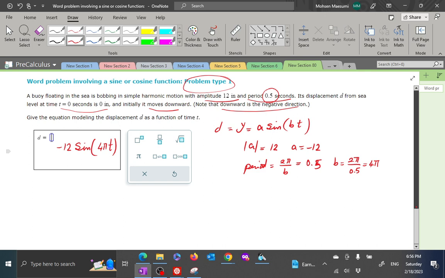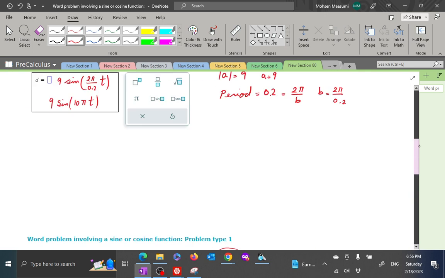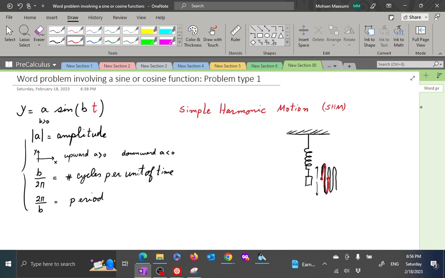If we have types 2 and 3, we can take care of those as well. Again, we have one application of sine or cosine. We are going to see this in physics, engineering, and calculus very often. The simplest example is a weight dangling from a spring going through oscillatory motion.